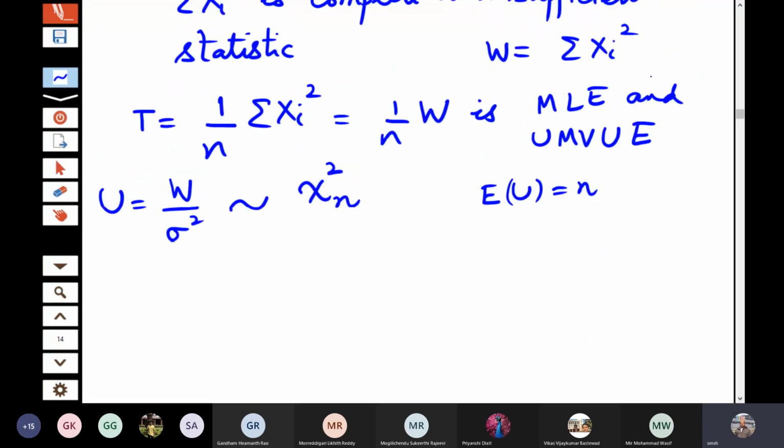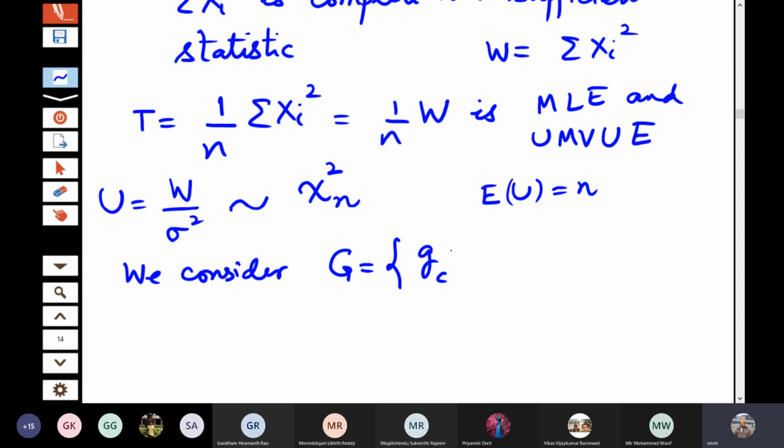Now let us consider here this concept of invariance. First of all, since the complete sufficient statistic is W, we will consider estimators based on that only. There is no need to consider estimators based on all Xi's, because once we have the complete and sufficient statistic, we can restrict attention to that.